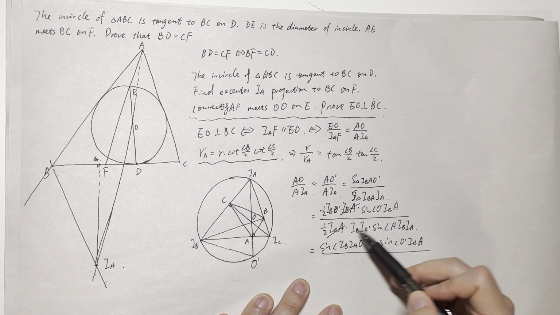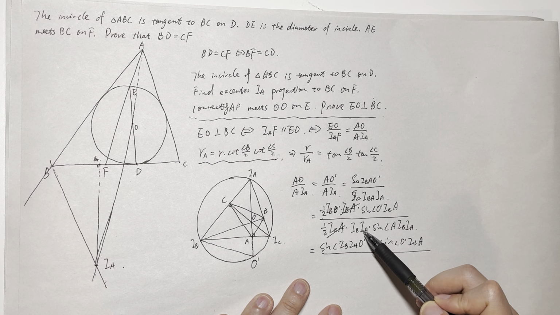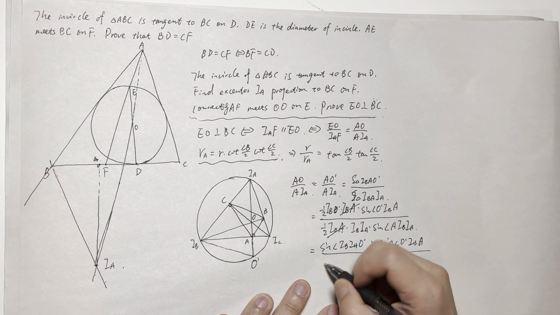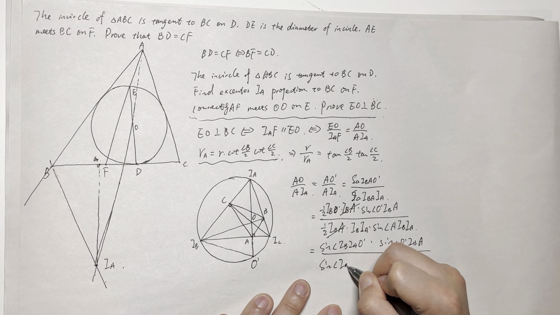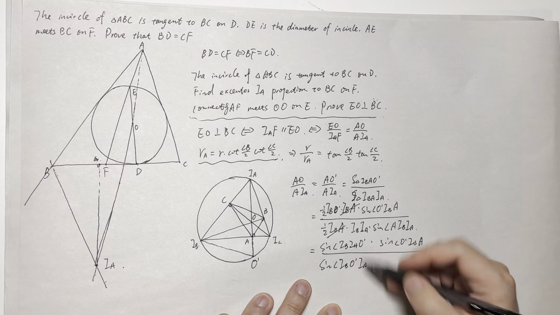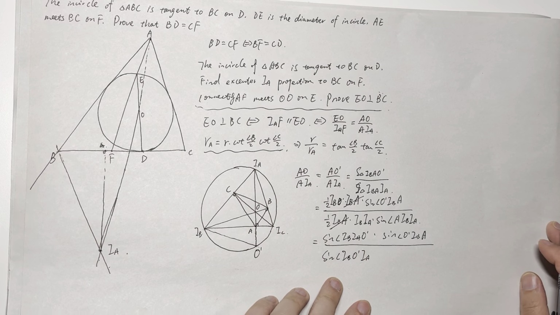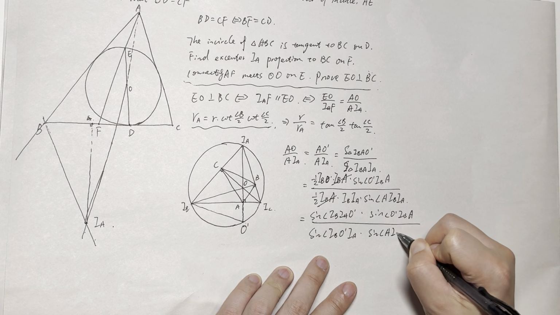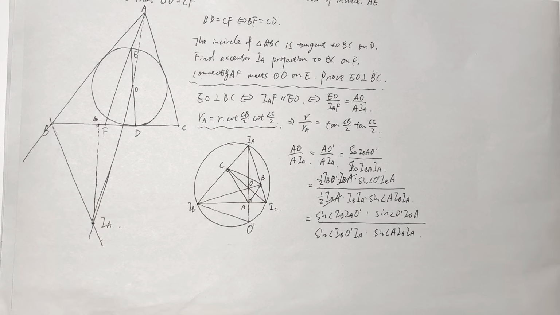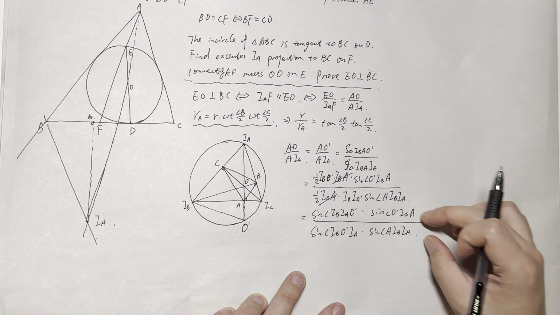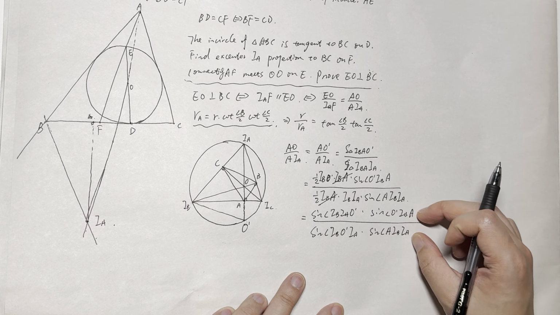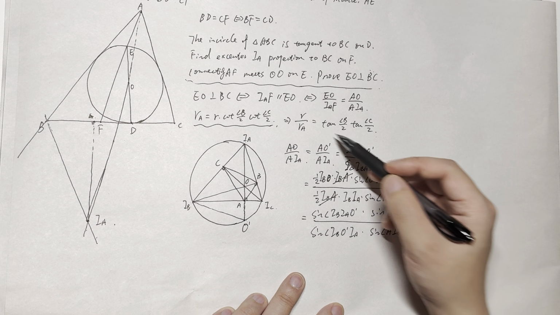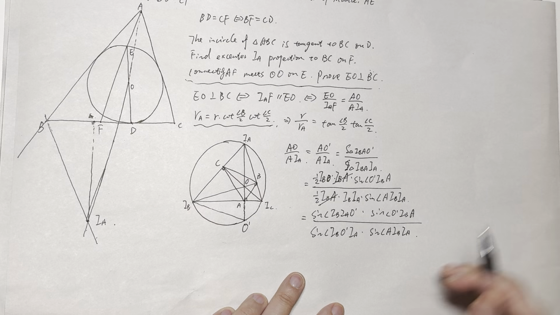IBO prime to IBIA represents this angle, so sine angle IBO prime IA, that's the sine law, right? And times sine angle AIBIA. Okay. Now we just need to figure out this term and this term, whether they are equal to each other, right?